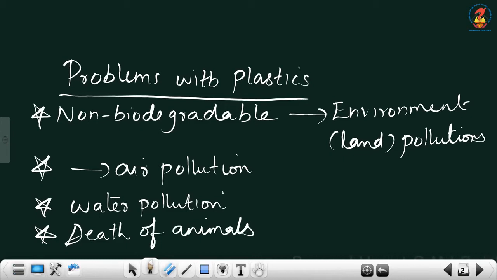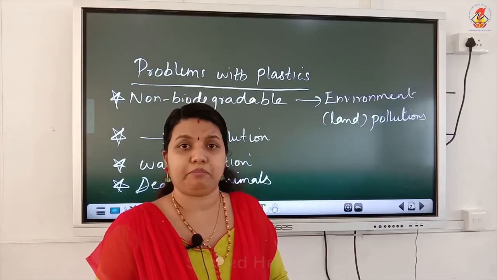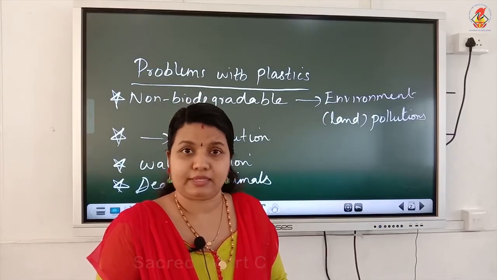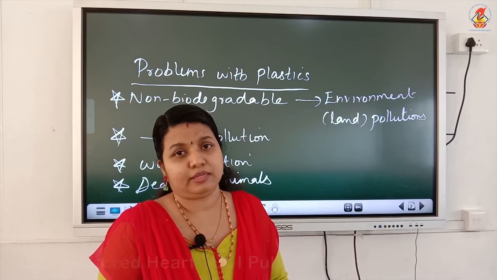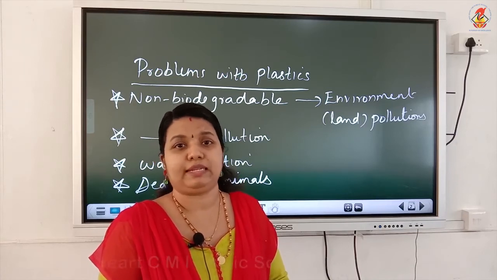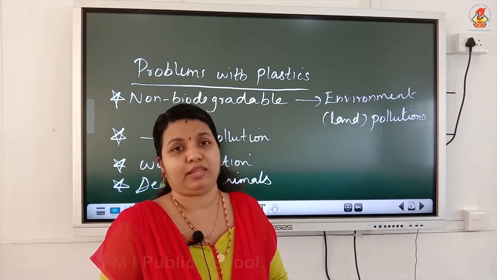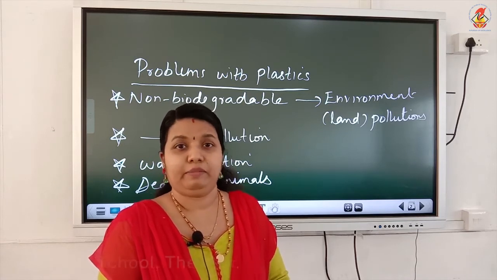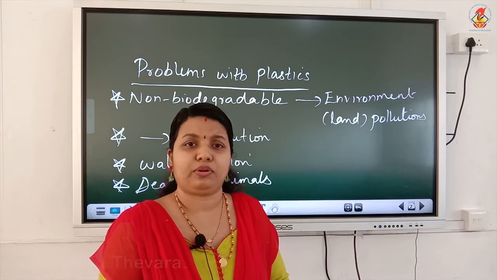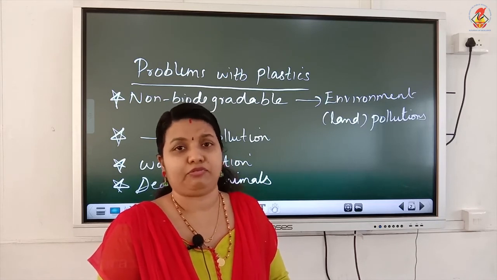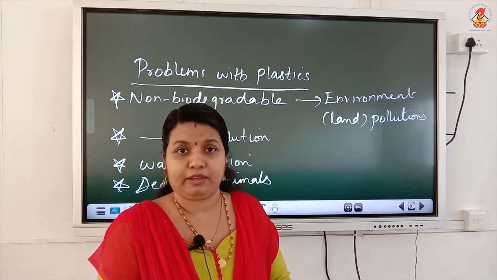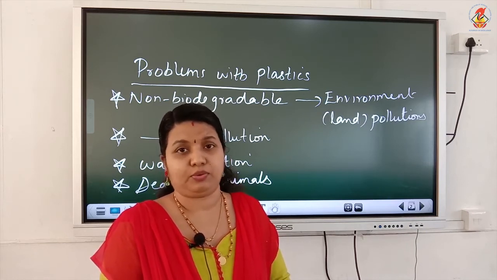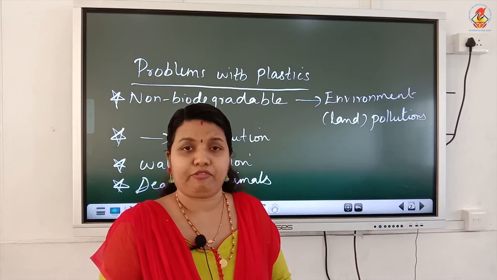Plastics are materials of our choice, but nowadays governments are imposing bans on certain plastic items because excessive use of plastics results in certain negative impacts on the environment. Plastics are non-biodegradable materials. If they are thrown on land, they will remain there for hundreds of years, not mixing with soil, thereby affecting the fertility of the soil and the growth of plants.